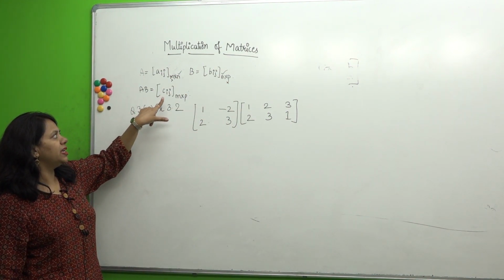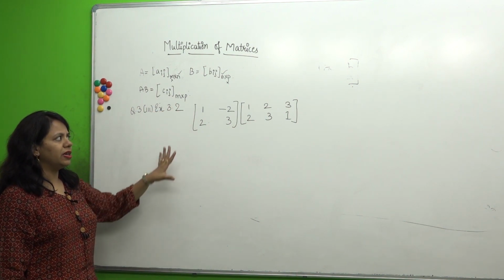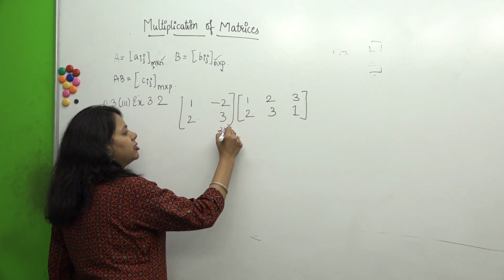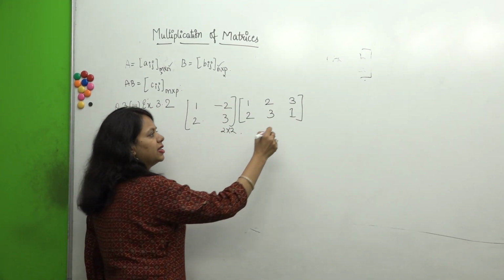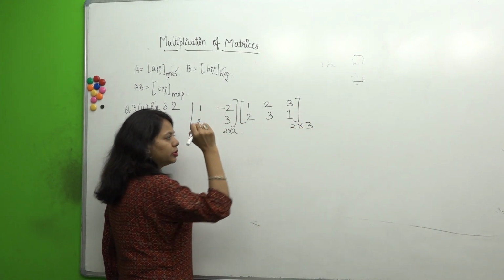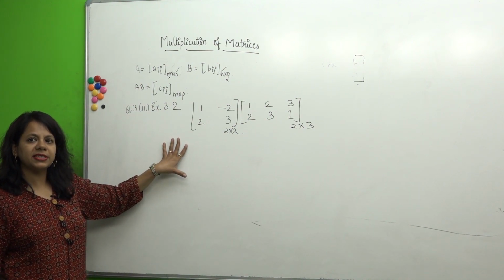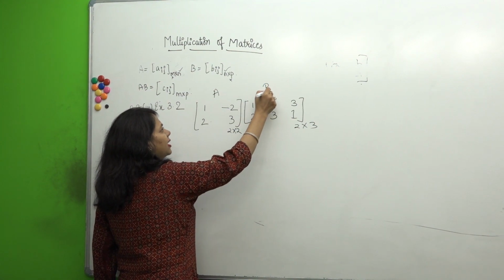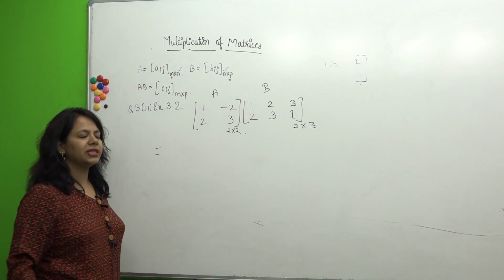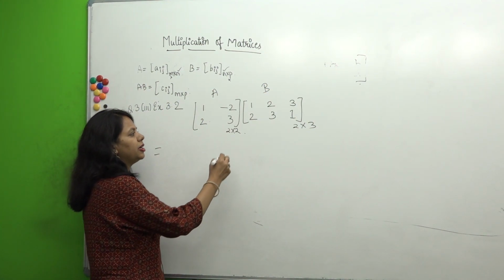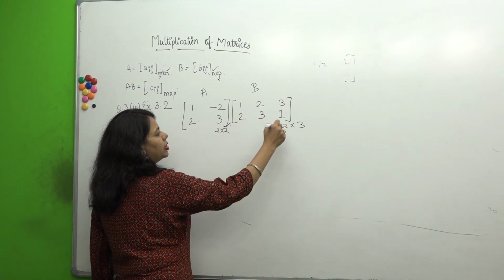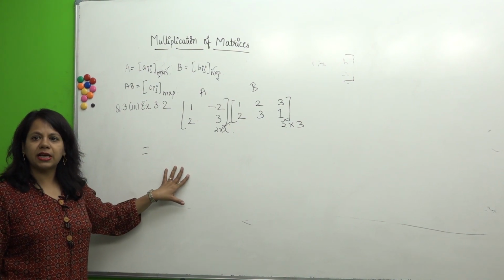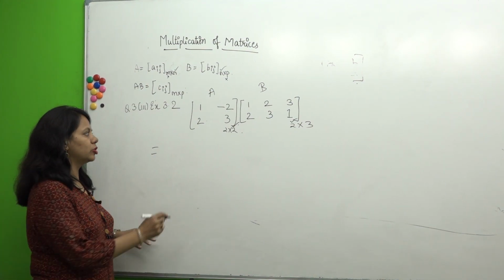So I get AB as Cij, which is M cross P. Now how do we perform multiplication? The order of this matrix is a 2 into 2 matrix and this is a 2 into 3 matrix. So first of all, let us see, can we perform AB over here? This is my A matrix and this is my B matrix. So let's check for the condition first. Number of columns of first is equal to number of rows of second. So yes, I can perform matrix multiplication over here.